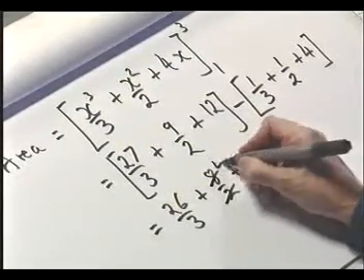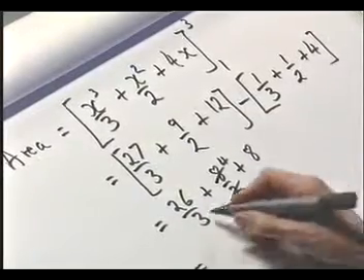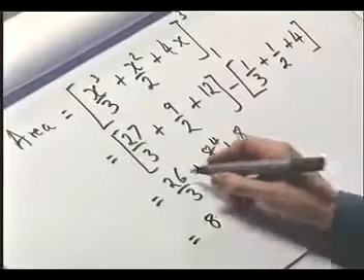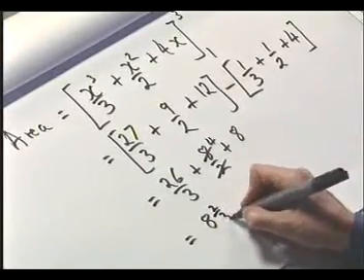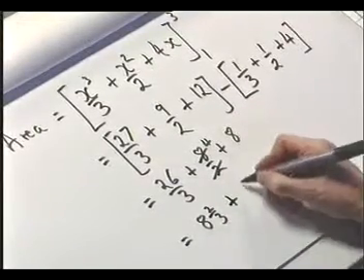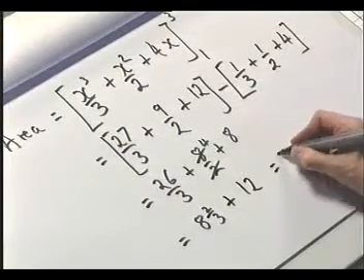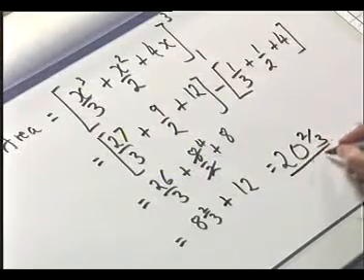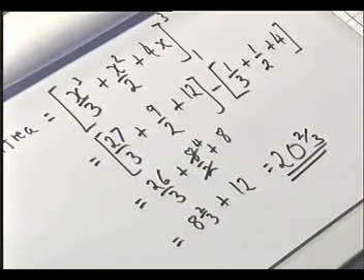That will cancel down to there. If I do 3's into 26, 8 3's are 24 and 2 over, so that's 2 thirds, plus 4 and 8 is 12. So altogether that's an area of 20 and 2 thirds.